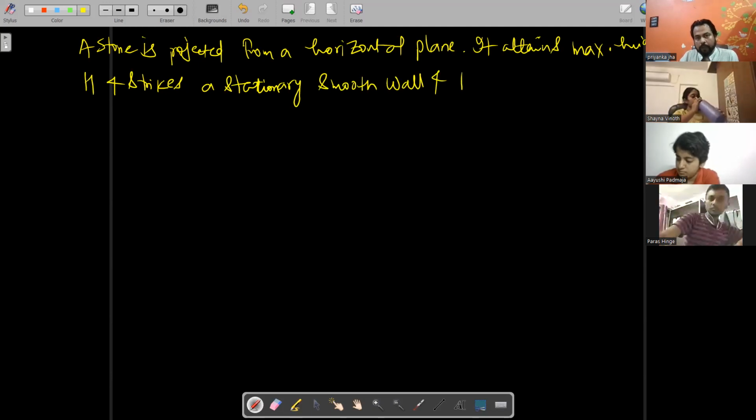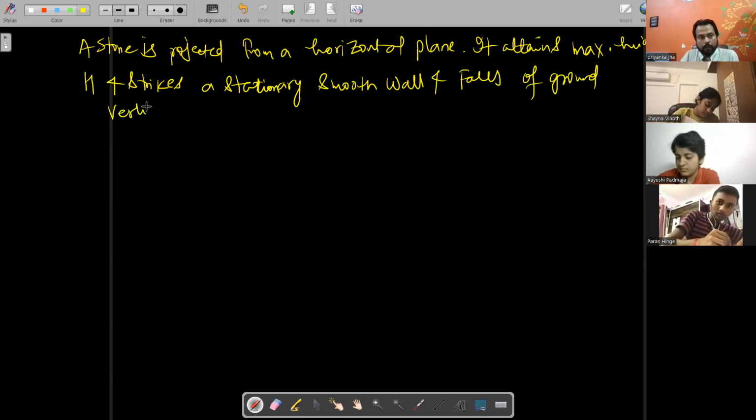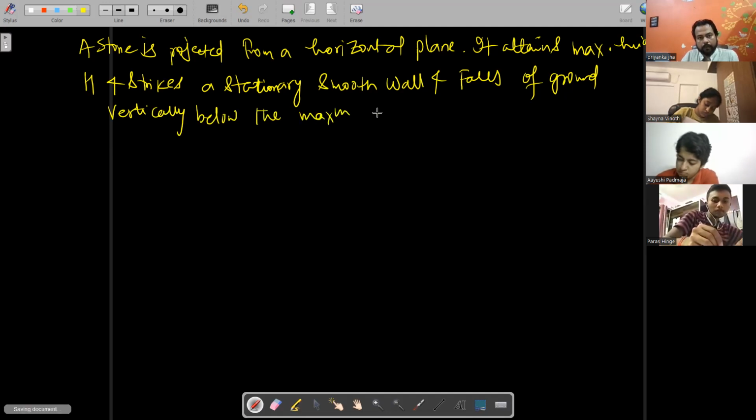and falls on the ground vertically below the maximum height.